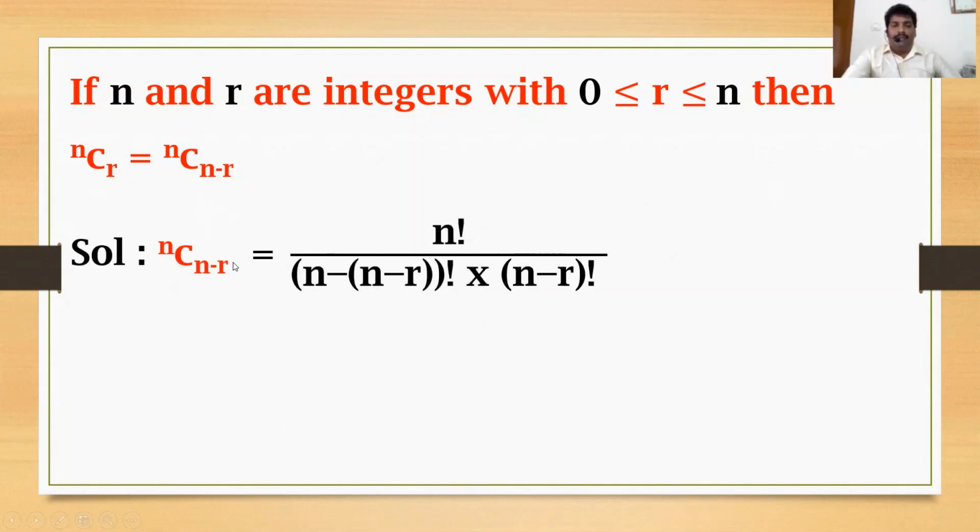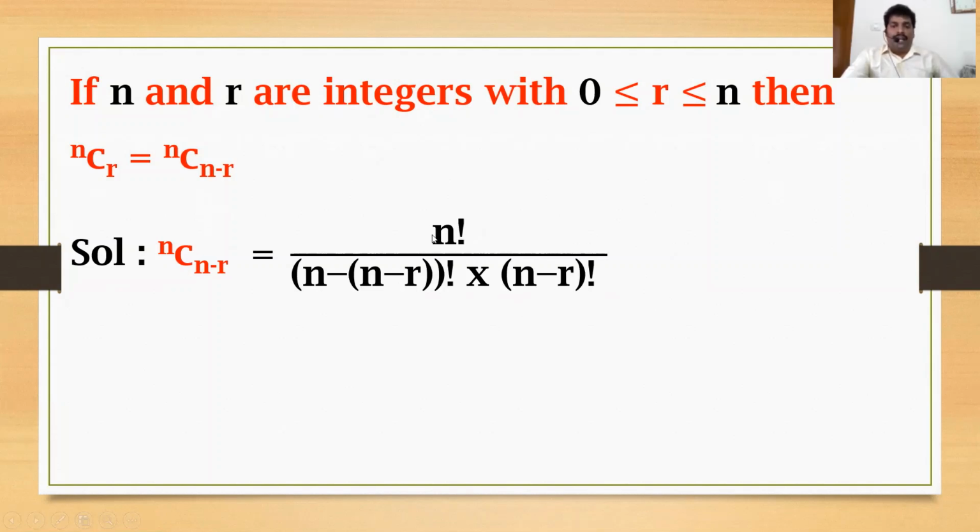So for nC(n minus r), I applied the nCr formula. What is the nCr formula? n factorial divided by (n minus r) factorial into r factorial. In the place of r, what is there? n minus r is there. So in the place of r here, n minus r is there. So n minus r factorial.